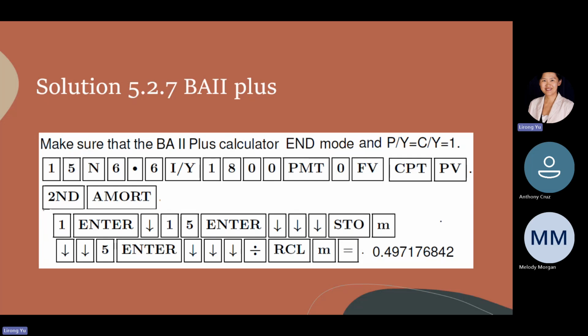And then you go back down to find 5, and then with 3 arrows. So basically, we find the 2 total interests and divide them. That's why the last number should be the division of the 2 total interests. It's the total interest for 15 years, and then the total interest for 5 years. Divide those 2 together. So that's basically how you calculate it without writing it down. We pretty much rely on the calculator. Any question?